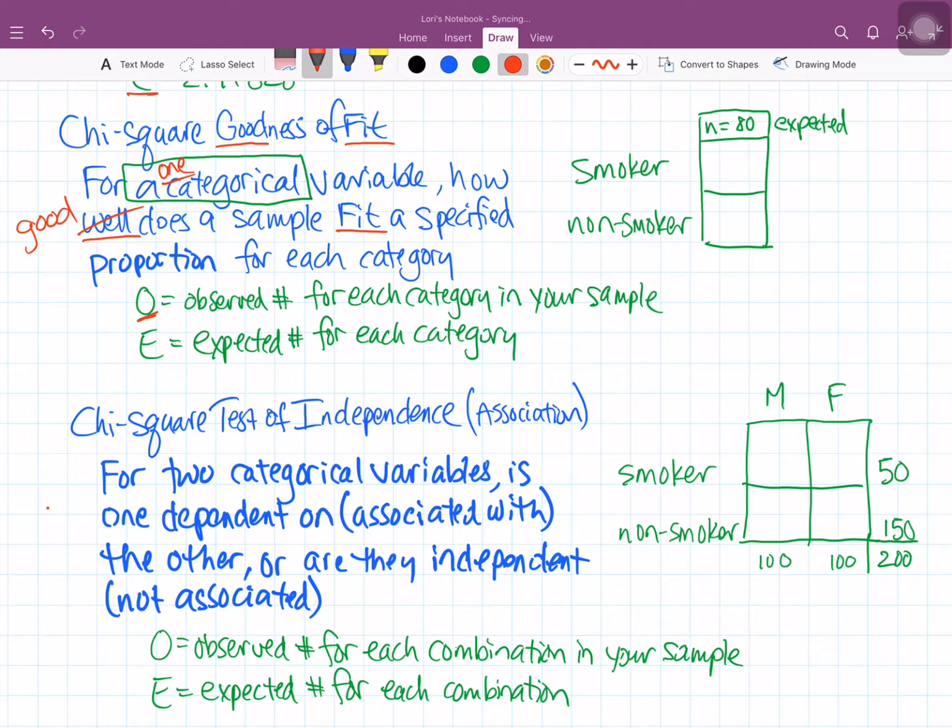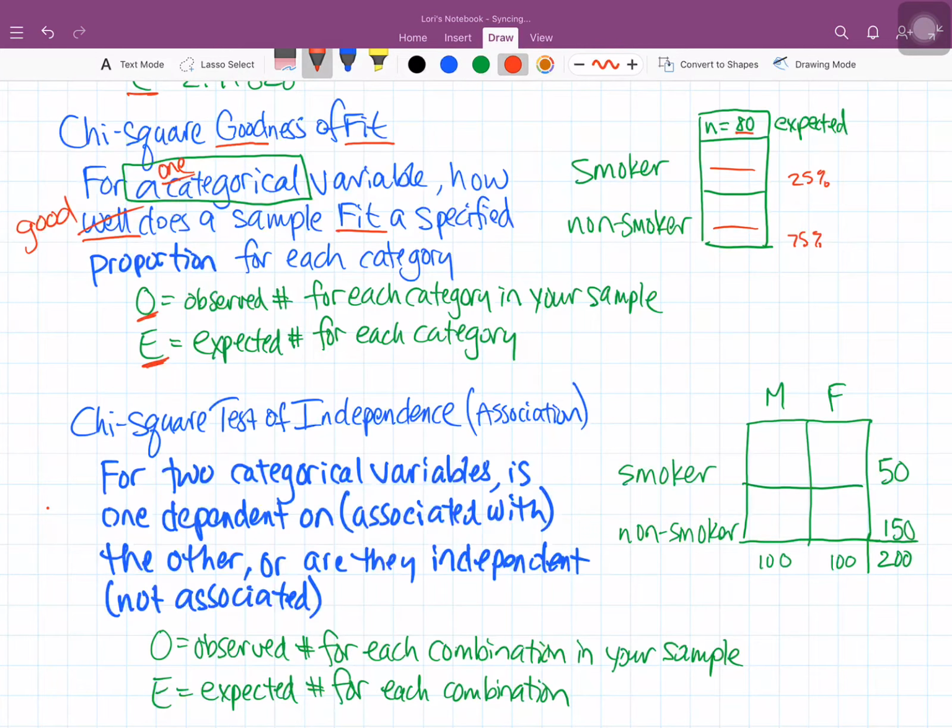So we would take our sample and ask each person, are you a smoker, are you a non-smoker, and fill in whatever the numbers are that go here. That's our observed number. I'm going to get rid of that so that those aren't filled in when we get to it later. Then I need to know the expected number for each category. Let's say that I expect 25% of the population to be smokers and the other 75% to be non-smokers.